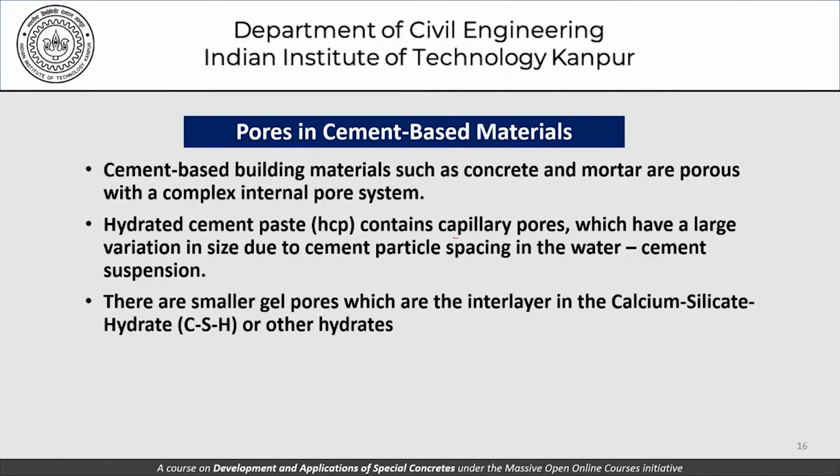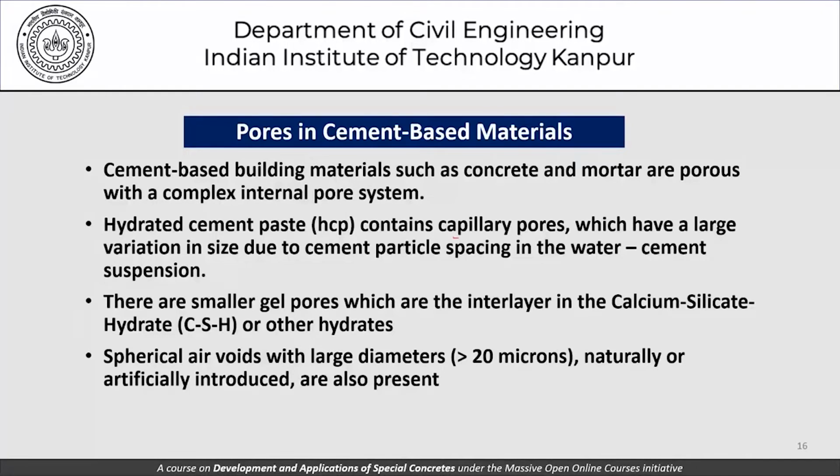There are smaller gel pores, which are the interlayer in the CSH or other hydrates. Spherical air voids of large diameter, greater than 20 microns, naturally or artificially introduced, are also present. So we are here talking about entrained air.